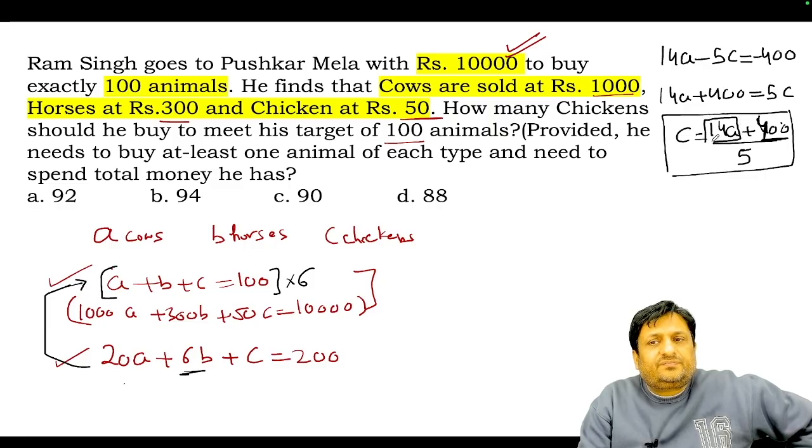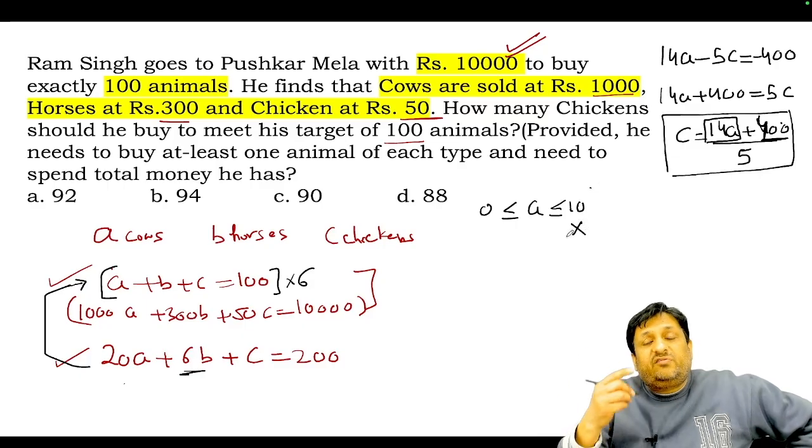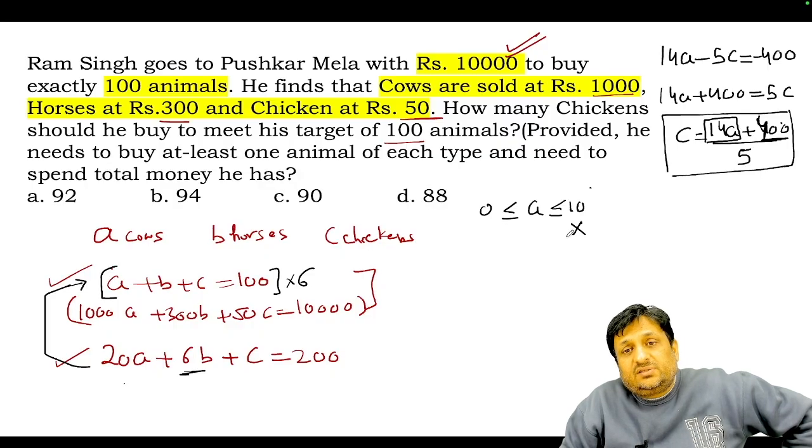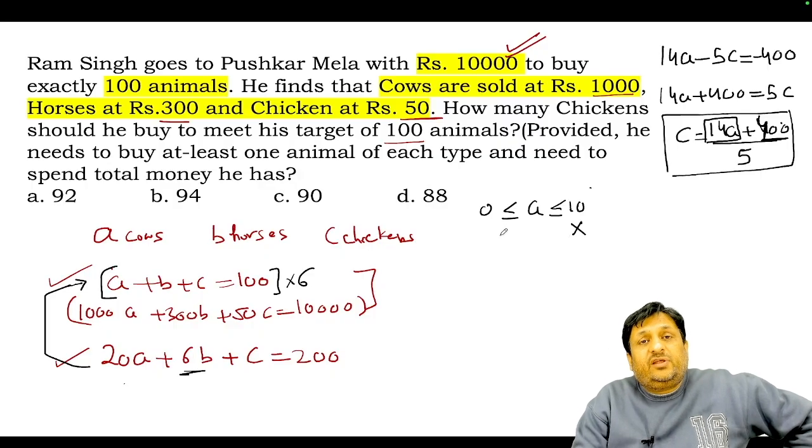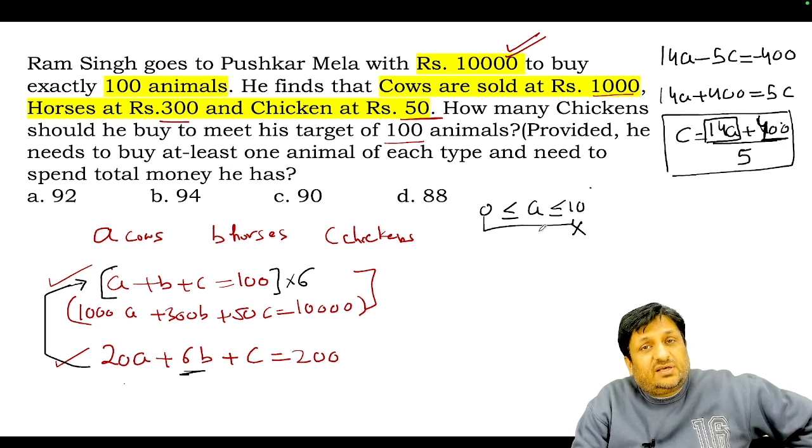We have already discussed that A must be between 0 and 10, and A cannot be 10, because then he will be left with no money for other animals. So the only multiple of 5 in this range is 5 itself.